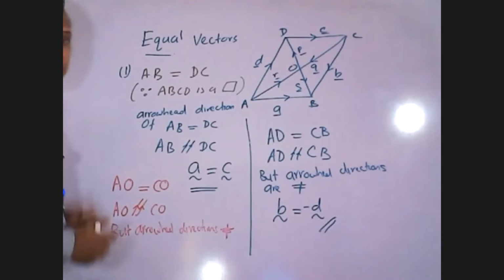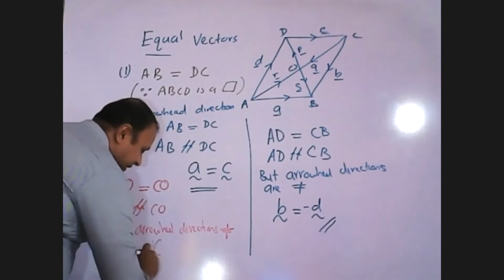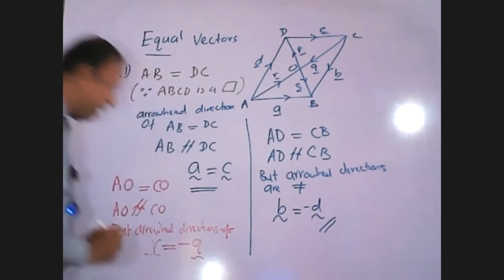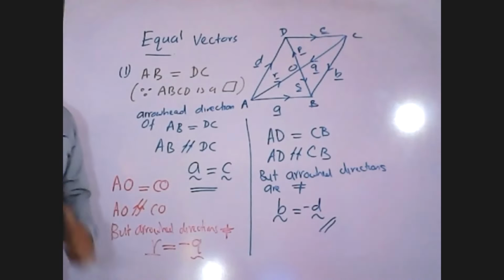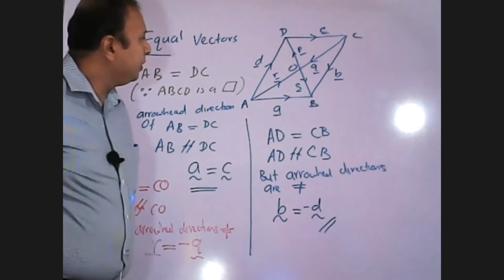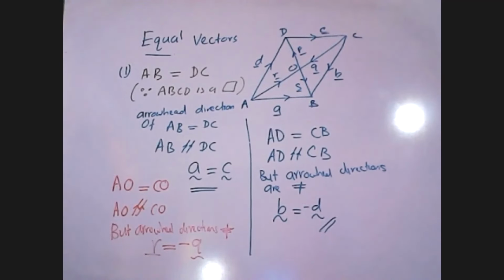That means the R vector is the negative vector of the Q vector. The same thing can be done for OB and OD.